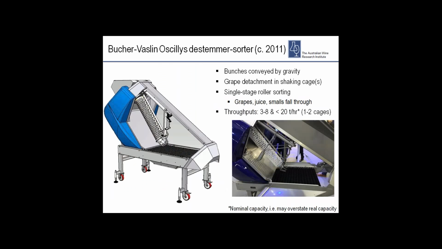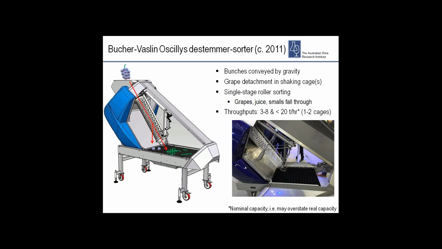I guess the next thing was that Bucher Vaslin introduced a different style of vibrating destemmer sorter in around 2011. In this device, bunches enter an angled cylindrical slotted cage that swings from side to side. Grapes are detached from stems as the bunches travel down through the cage.